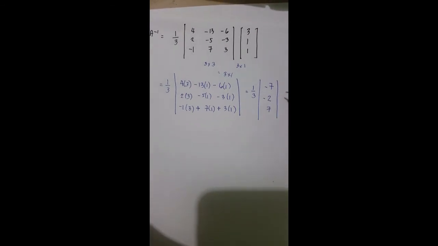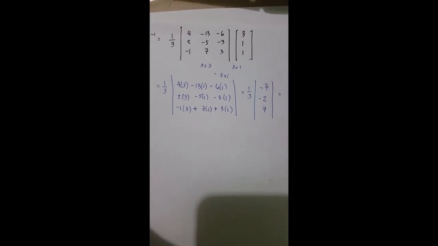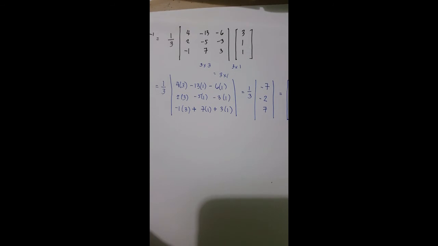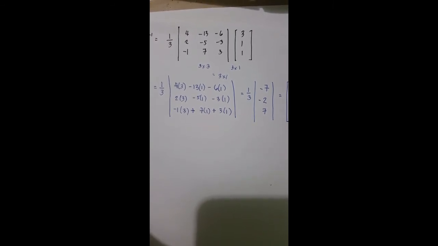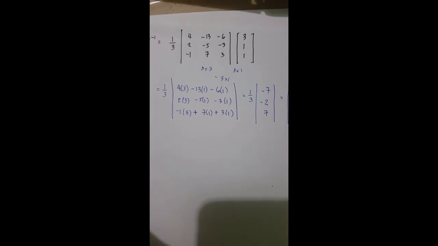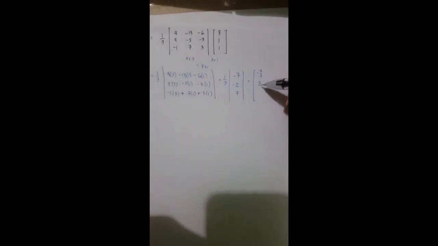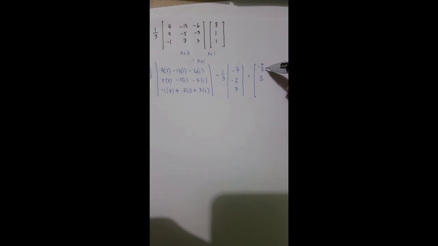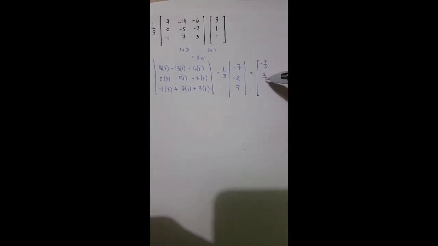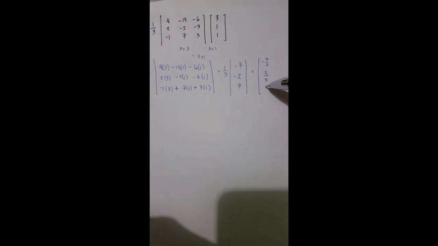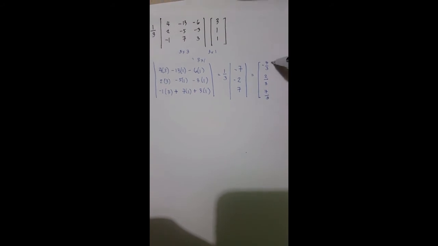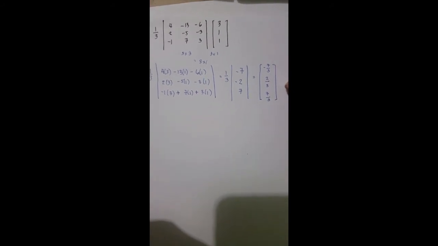And multiplying the 1/3, we can now place it. We now have negative 7 over 3. We have 2 over 3 and 7 over 3. So, this is our 3 by 1 matrix.